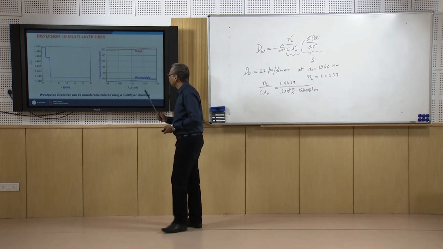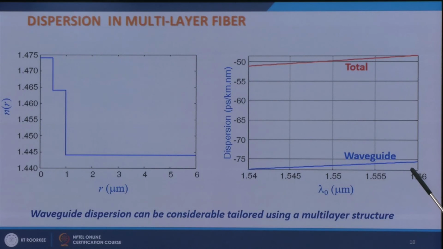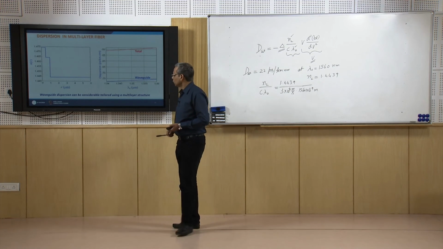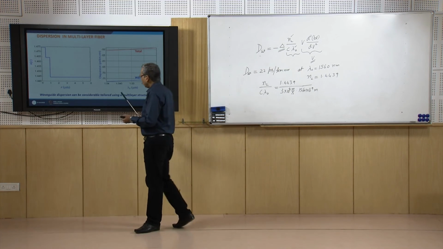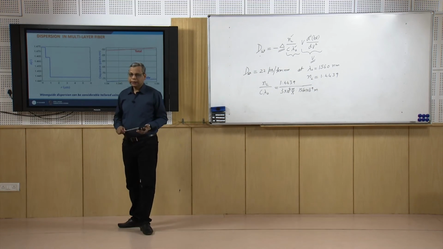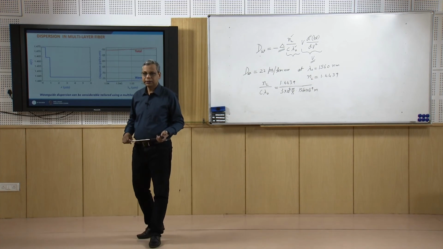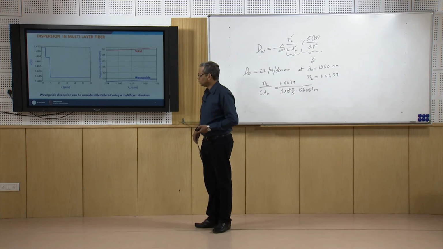Just look at the values of waveguide dispersion here, they are less than minus 75 picoseconds per kilometer nanometer. So, the magnitude is larger than 75 picoseconds per kilometer nanometer. You can enhance the waveguide dispersion quite a lot. With the help of multi-layer structures you can considerably tweak the waveguide dispersion.